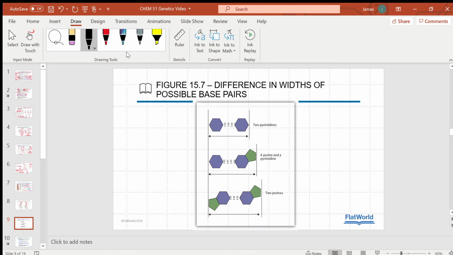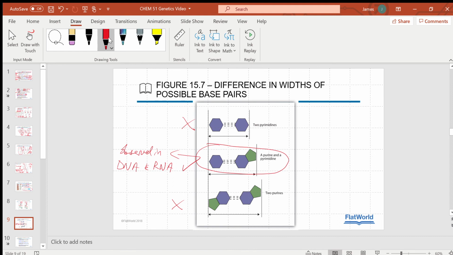So again, to emphasize that point, this is what is observed in DNA and RNA. We don't observe two pyrimidines, we don't observe two purines, we do observe one of each.